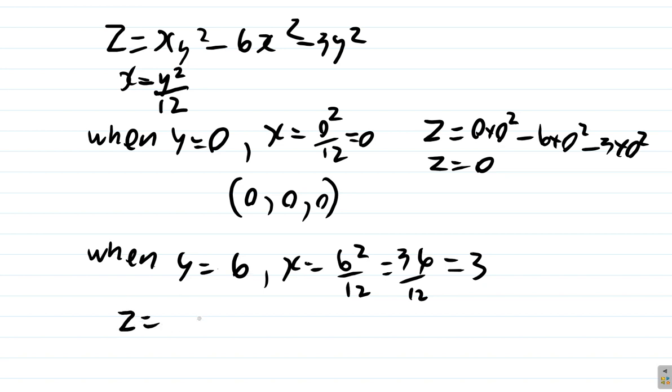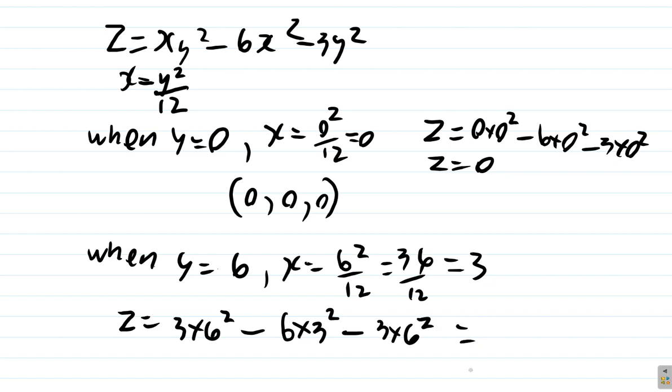What is z? So it is xy squared, which is 3 times 6 squared, minus 6x squared, which is 6 times 3 squared, minus 3y squared, which is 3 times 6 squared.